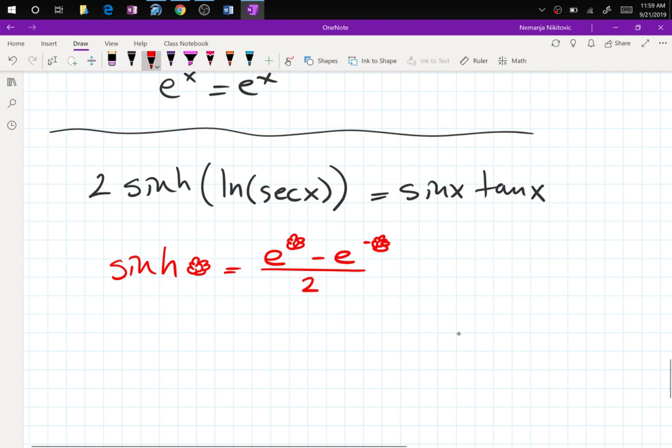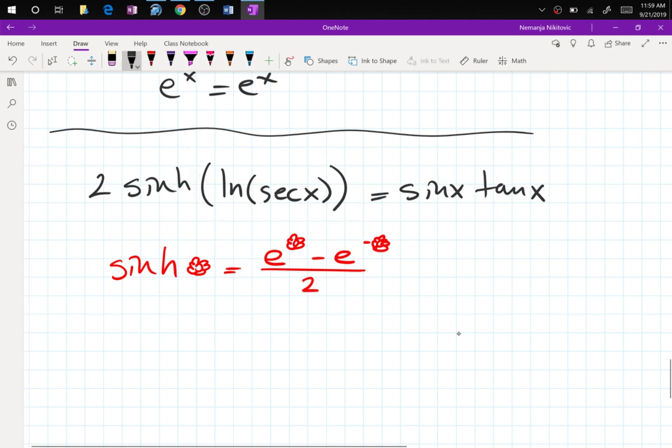Because I want to signify that this thing could be x, or could be a flower, or could be 7, right? So whatever is here gets into these. It's the argument of sine.